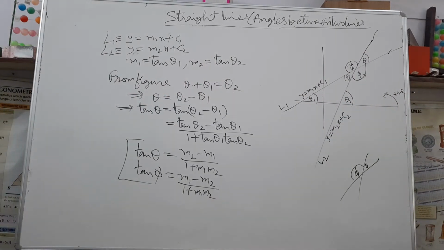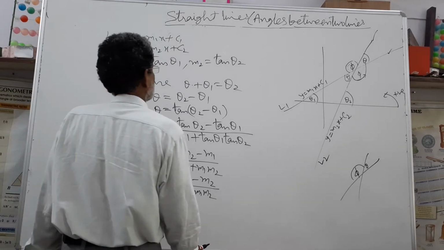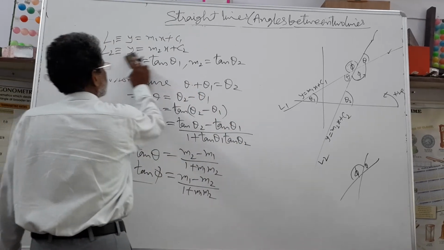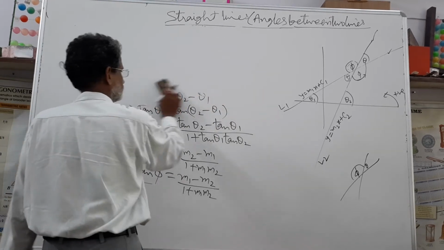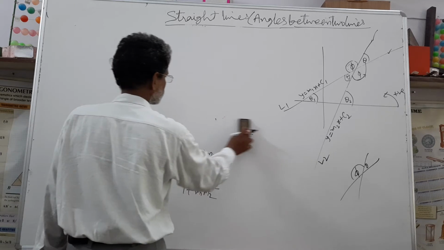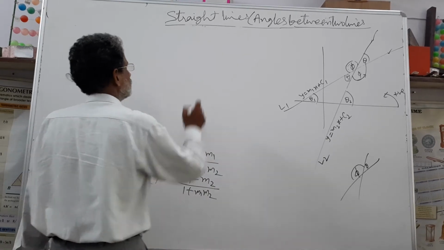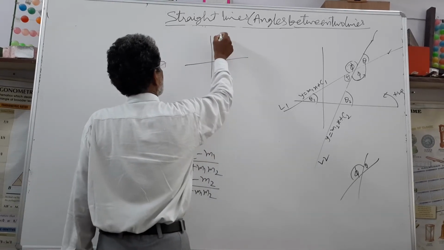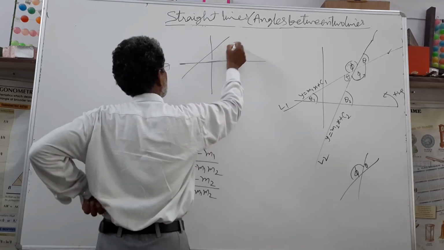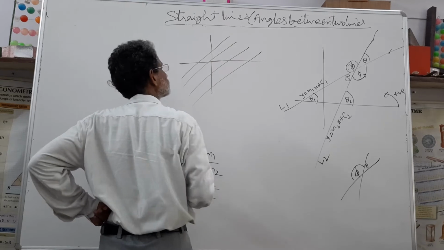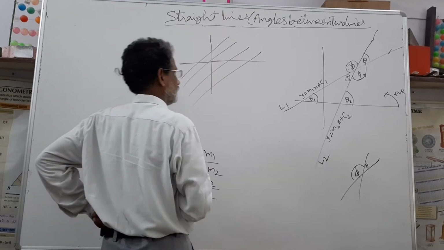Now, after finding the formula for angle between two lines, let us derive the condition of parallelism and perpendicularity. Let there be many parallel lines.